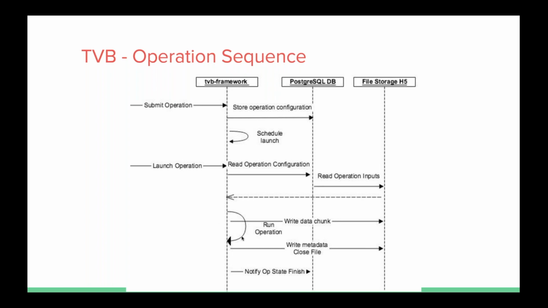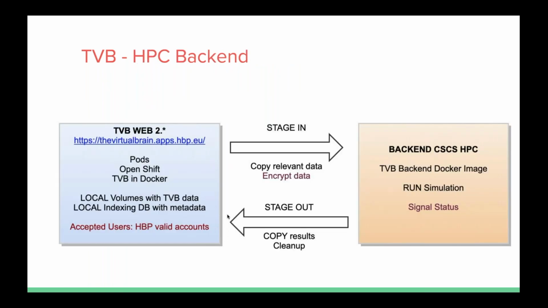It will execute the operation, and then it will write back the results and notify that the state has finished. So here is the actual flow with the TVB framework as one column. It is for the local installation, but we can imagine that different instances can exist, and then it will go in a cloud. And we will see later on a more complex schema where that happens.